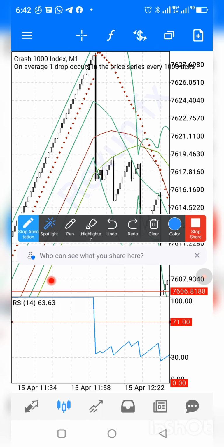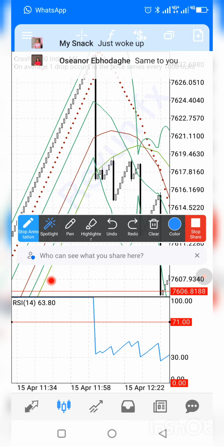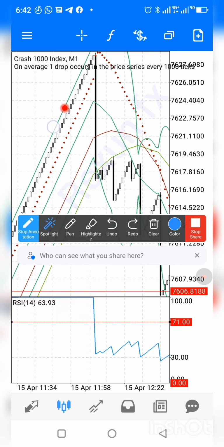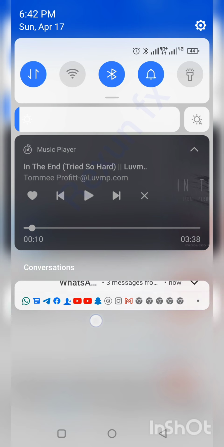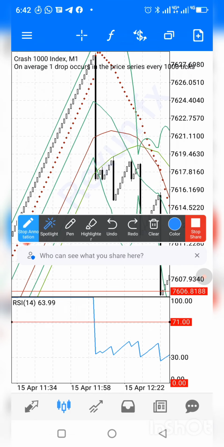So for every trade that I plan to take, I always put the worst case scenario at the back of my mind, right? I keep such occurrences handy and in check.